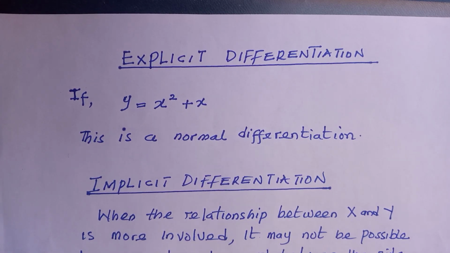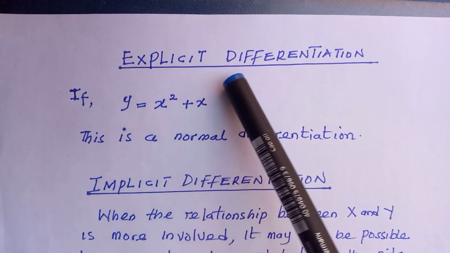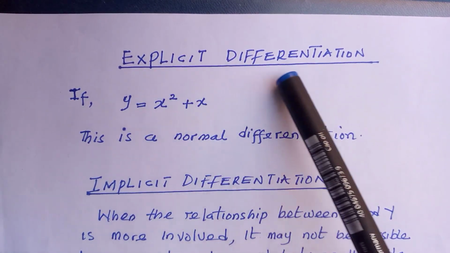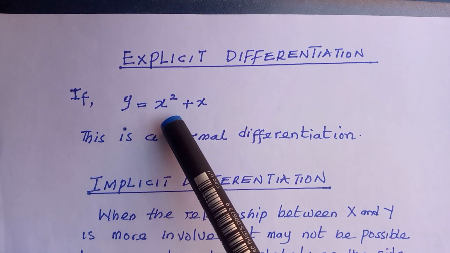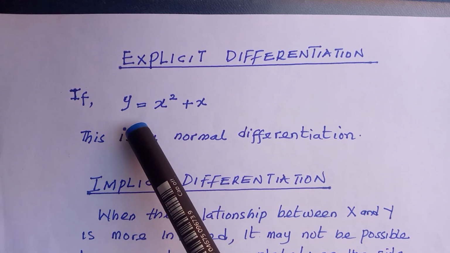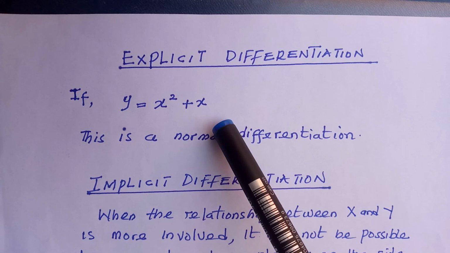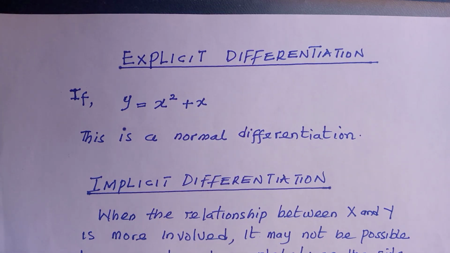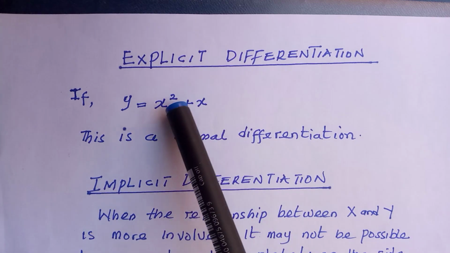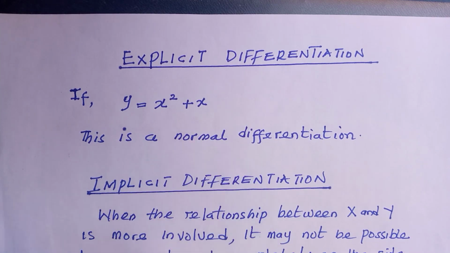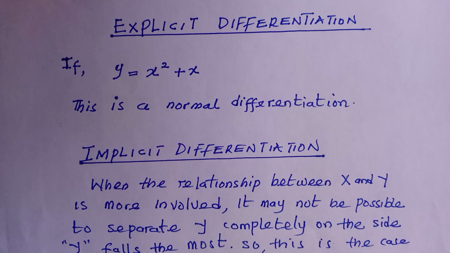And today I'll be showing you everything you need to know in implicit differentiation. But before that, let's see what we mean by explicit differentiation. If y equals x squared plus x, this is an example of explicit differentiation. The reason is that y separates itself completely from x.